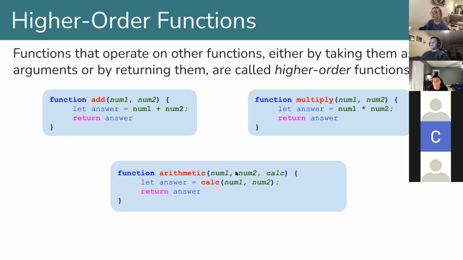So arithmetic doesn't know exactly if it's going to be doing addition. It doesn't know if it's going to be doing subtraction, multiplication, anything like that until it actually gets its hand on the calc parameter.